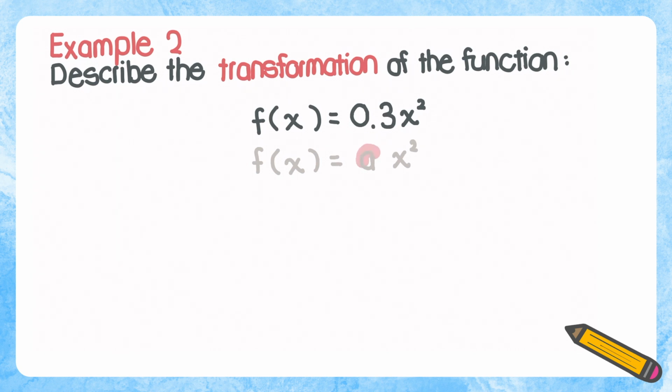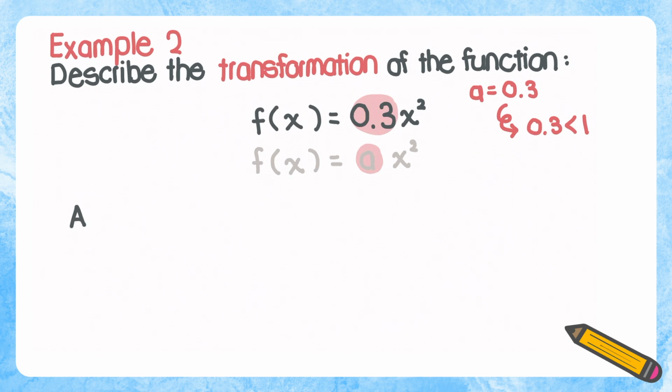And a here is replaced by 0.3. So a equals 0.3, and 0.3 is less than 1, so we'll have a vertical shrink.